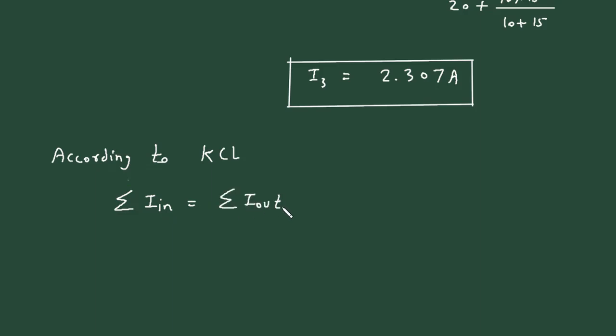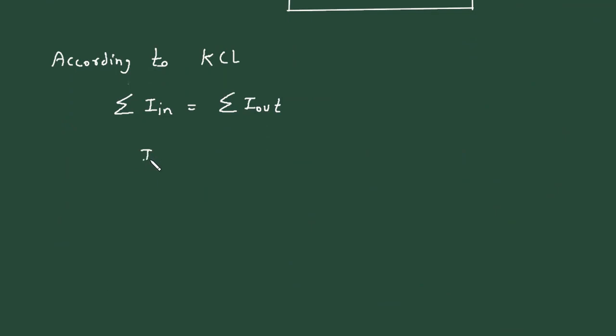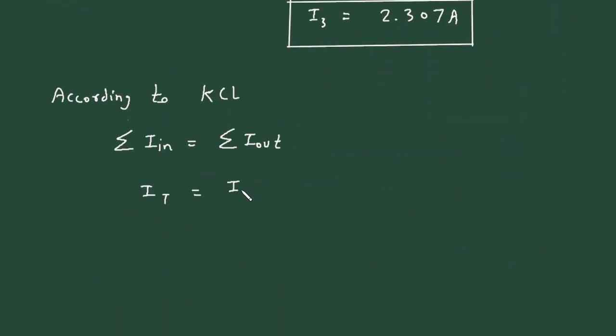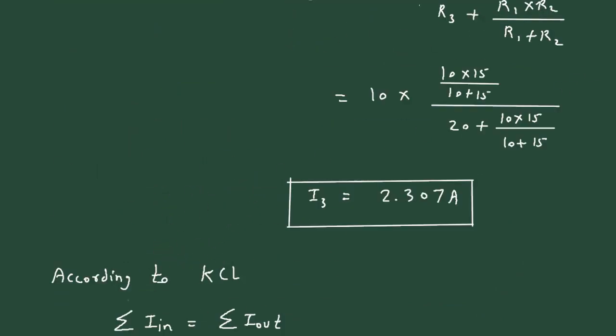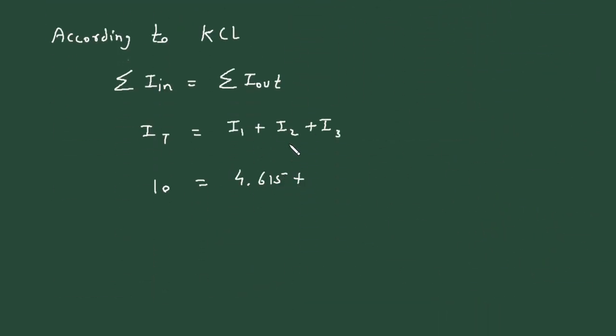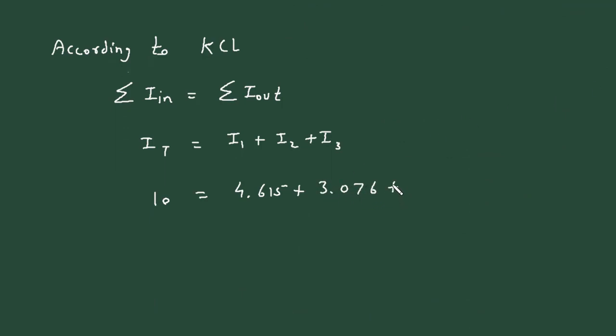Let's say this is 10 ampere, this is resistance R1, this is resistance R2, this is resistance R3. Let's say this is current I1, this is current I2, and this is current I3. And this current is total current IT, it is equal to 10 ampere.